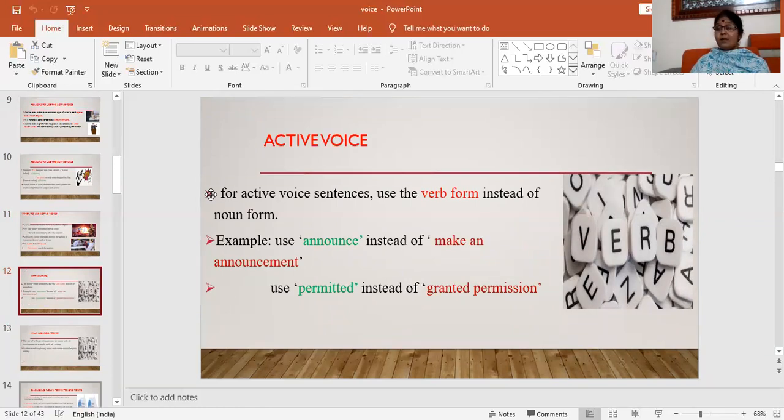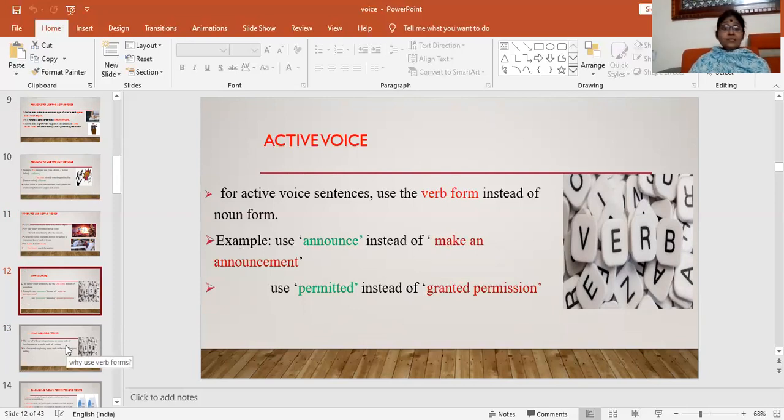For example, we should use the word announce instead of make an announcement, right? Announcement is a noun form. Announce is a verb form. Use permitted instead of granted permission, right? So all the time you must use the verb form rather than the noun form, right?